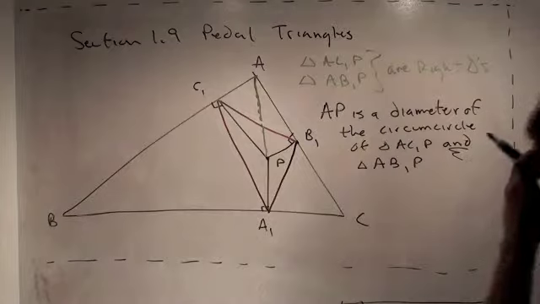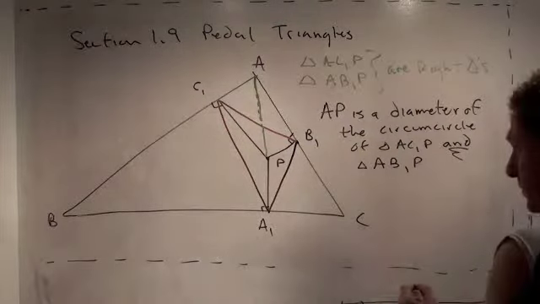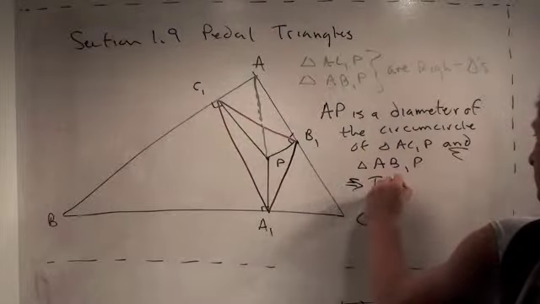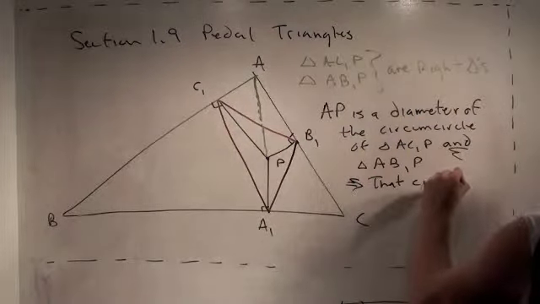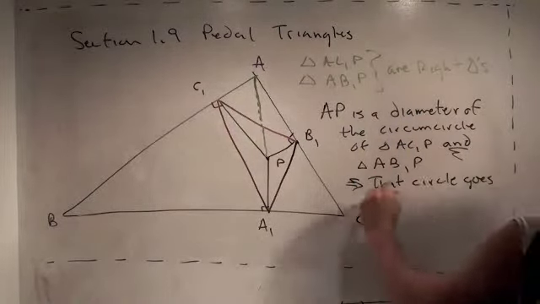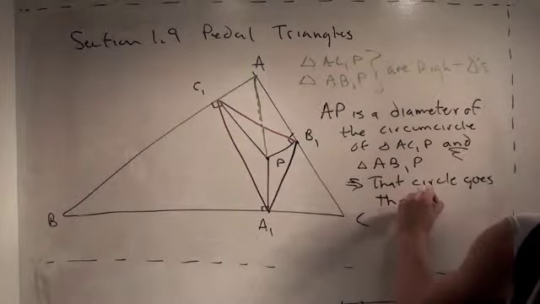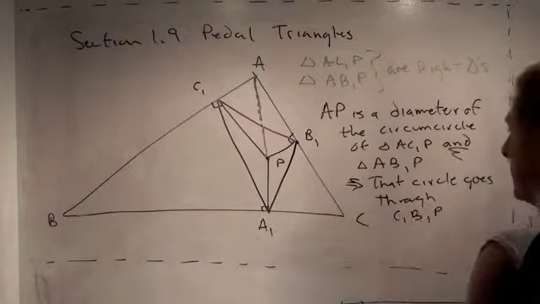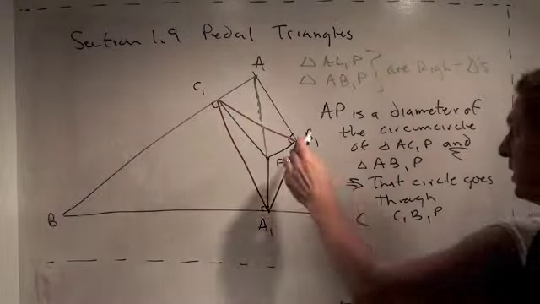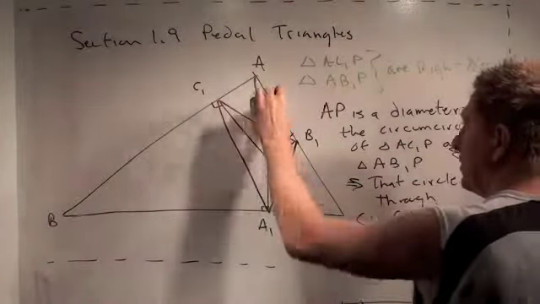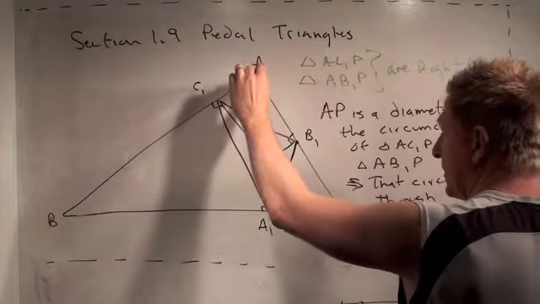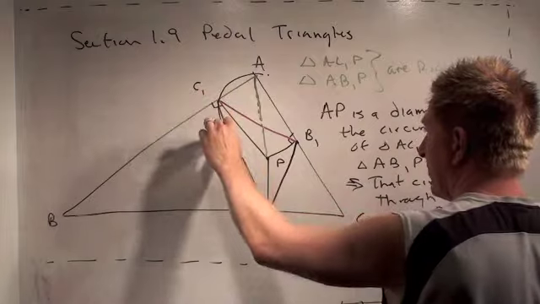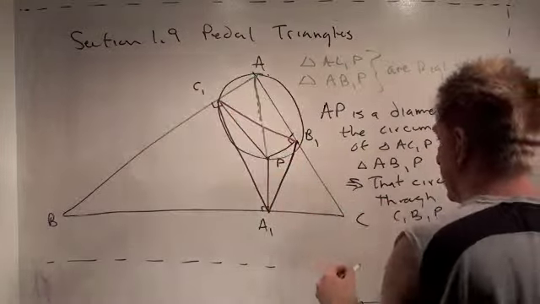But that means the Circum Circle, that circle goes through C1, B1, and P. So the Circum Circle of AC1P and AB1P actually is the Circum Circle of a few other triangles.